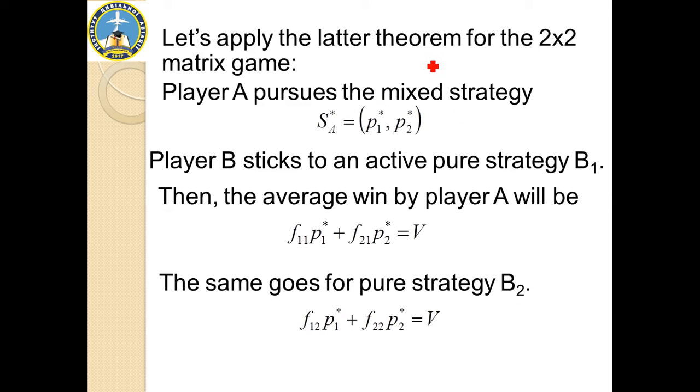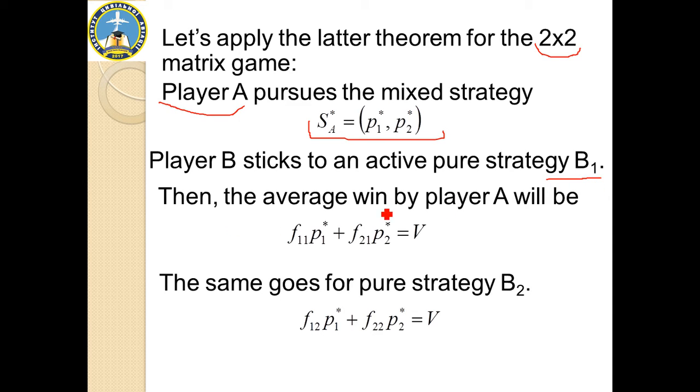Now let's apply the latter theorem for the 2x2 matrix game. Let's suppose that player A pursues the mixed strategy S sub A, consisting of two shares, P sub 1 with an asterisk and P sub 2 with an asterisk. Player B sticks to an active pure strategy B1.